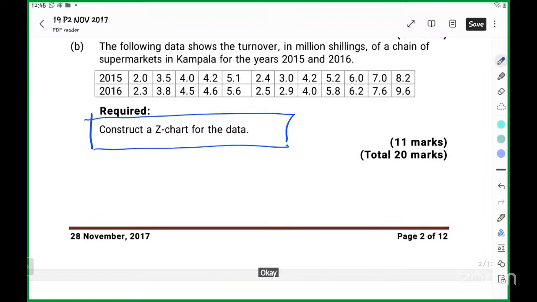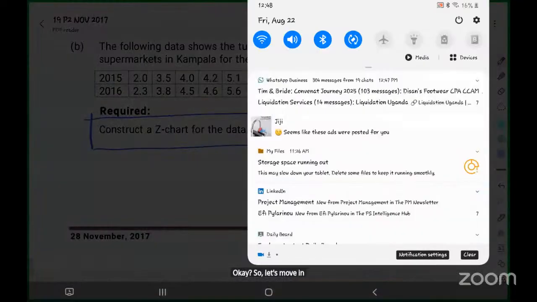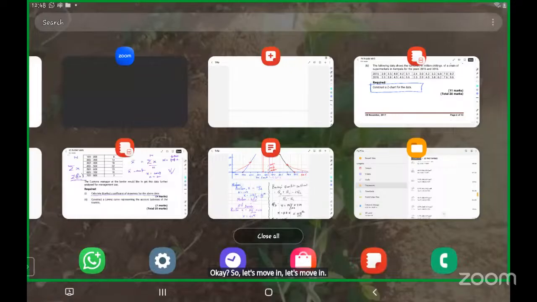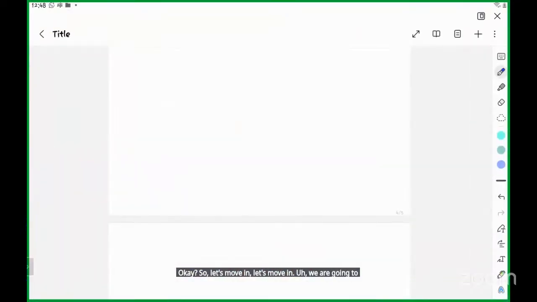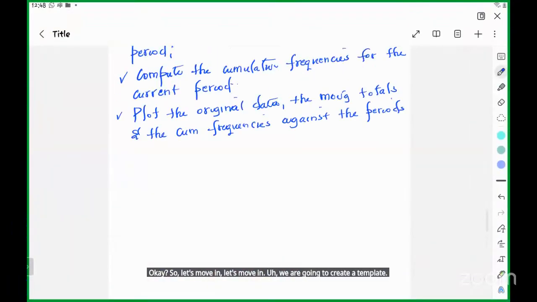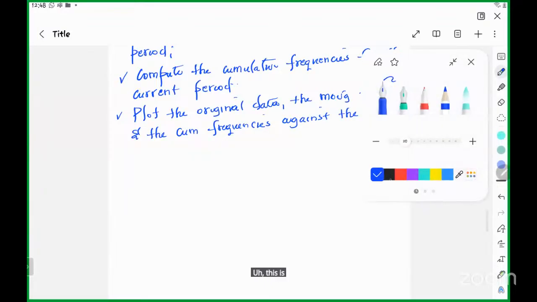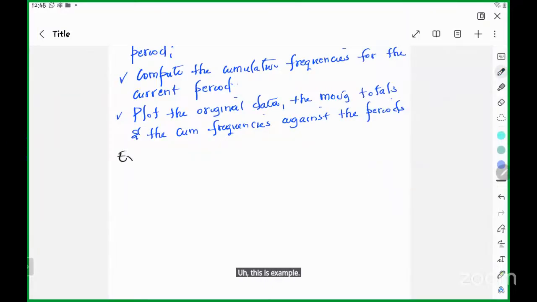Okay, so let's move in. We are going to create a template. This is example November 2017, 1B.